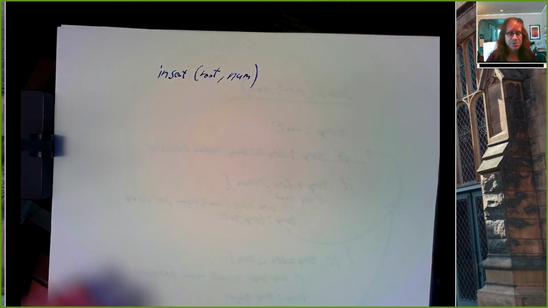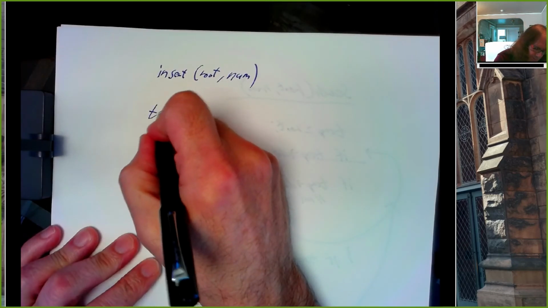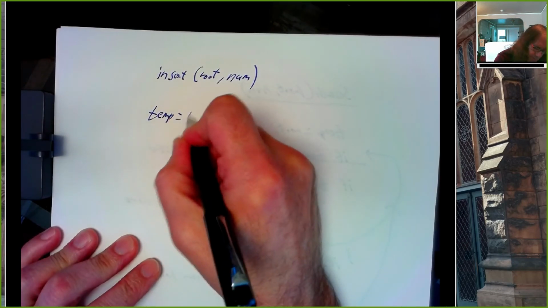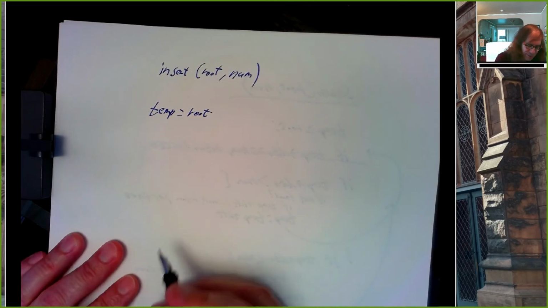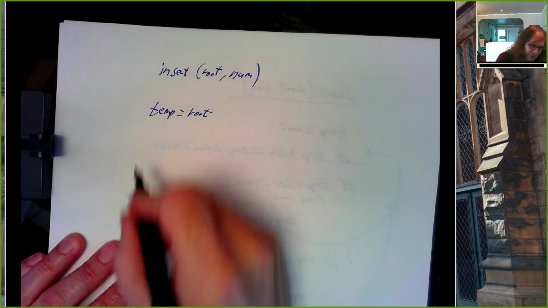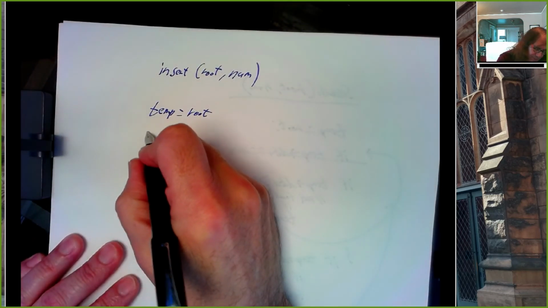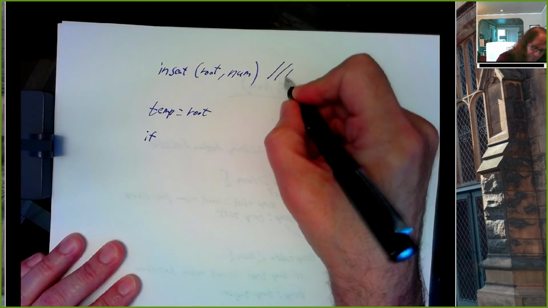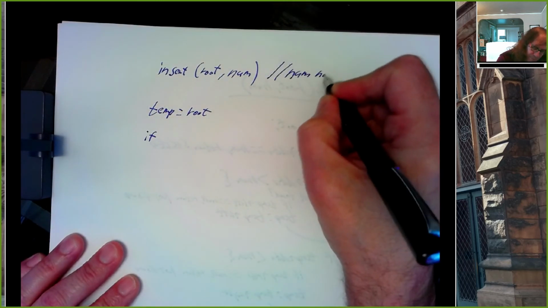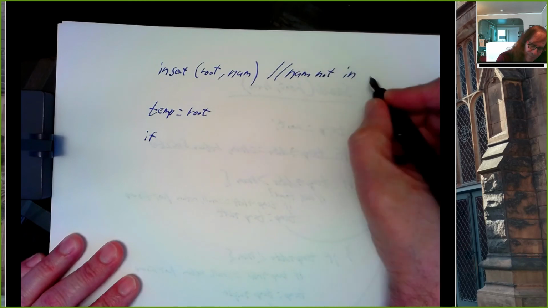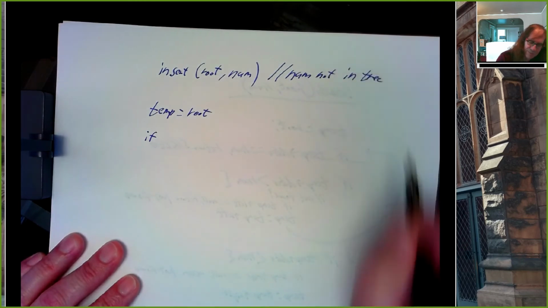All right, let's insert num into the root. You have to define these temporary variables to be struct t-node pointers and all that stuff. This is still pseudocode. So set your temp equal to the root. And I'm going to assume the num is not in the tree to begin with.